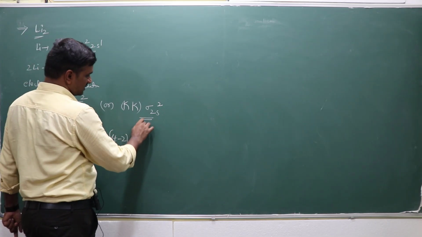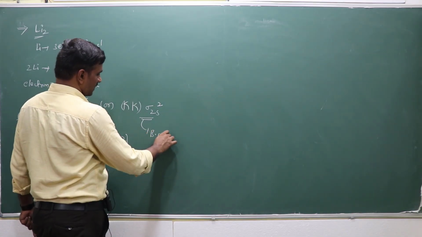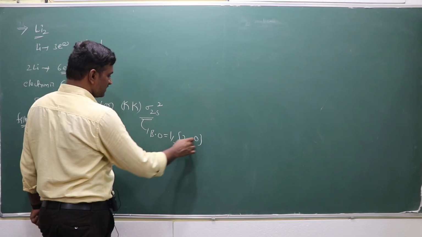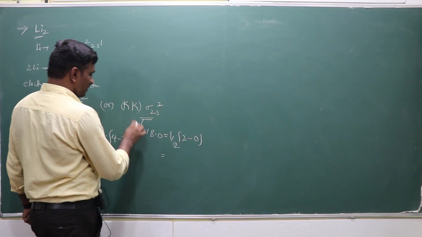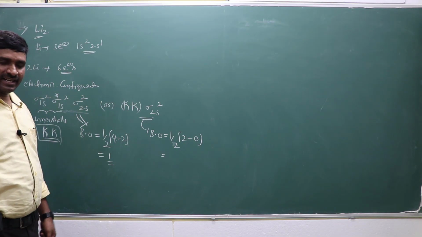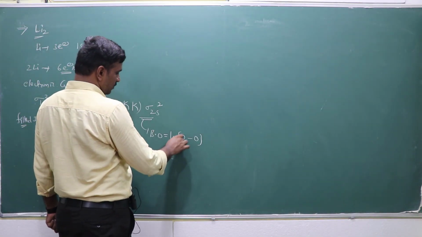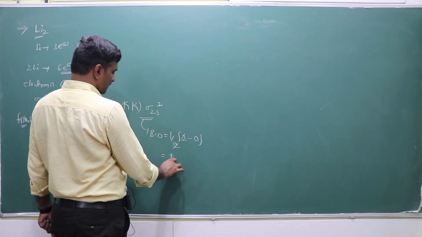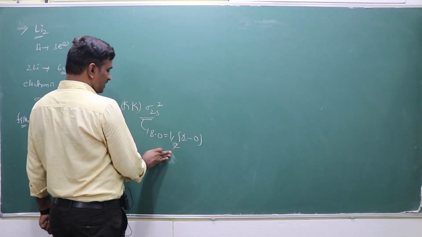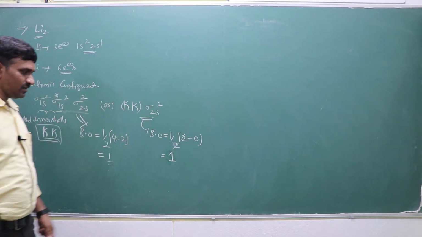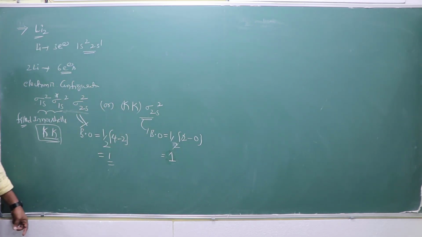Or if this one is considered, bond order is half into bonding 2, anti-bonding 0, with KK inner shells filled. So 2 by 2, the bond order is 1. So the bond order is unperturbed, not changed.